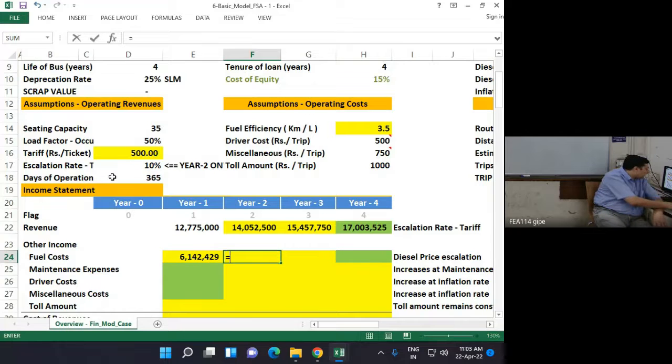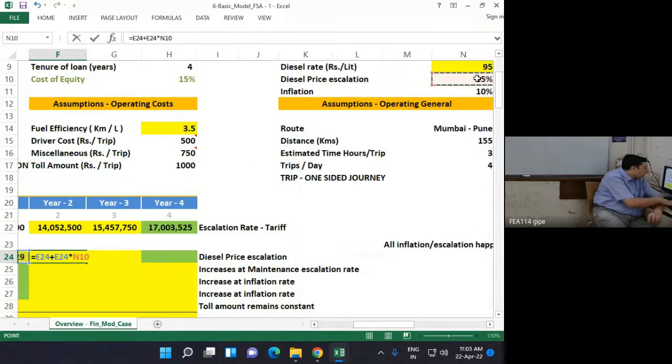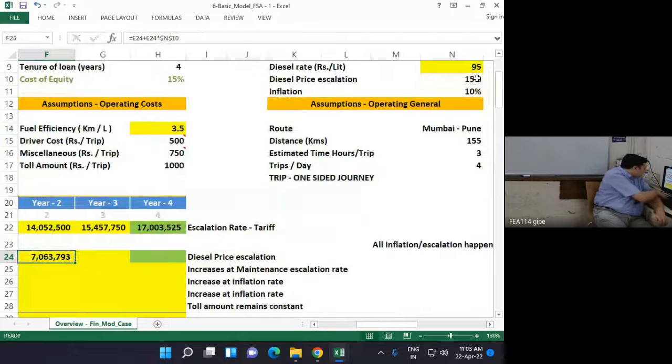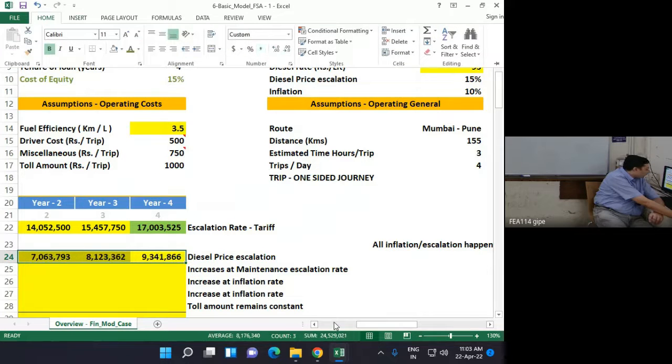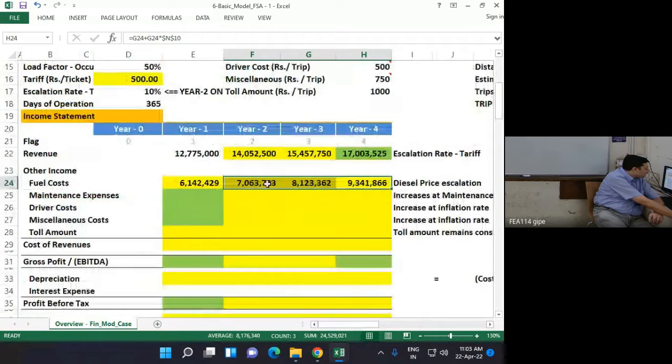Okay, so diesel price is going to increase by 15%, the diesel escalation rate. As I said, here are two formulas, you don't complicate. Keep it the same as shown earlier. I take decimals, make the change.